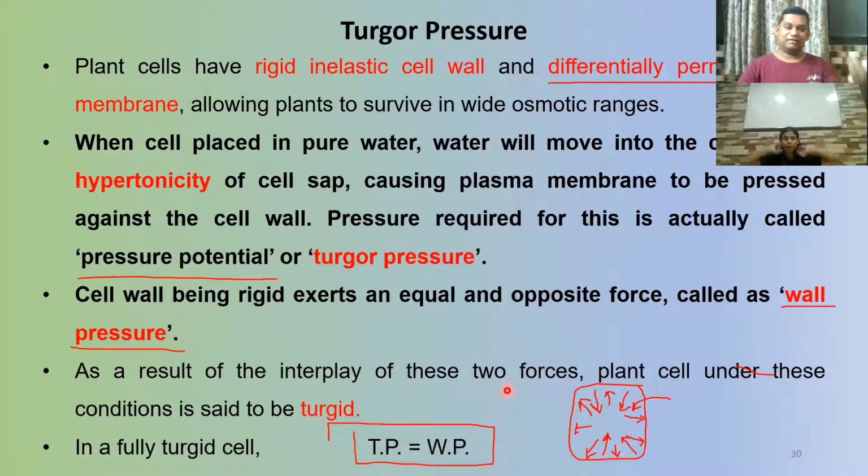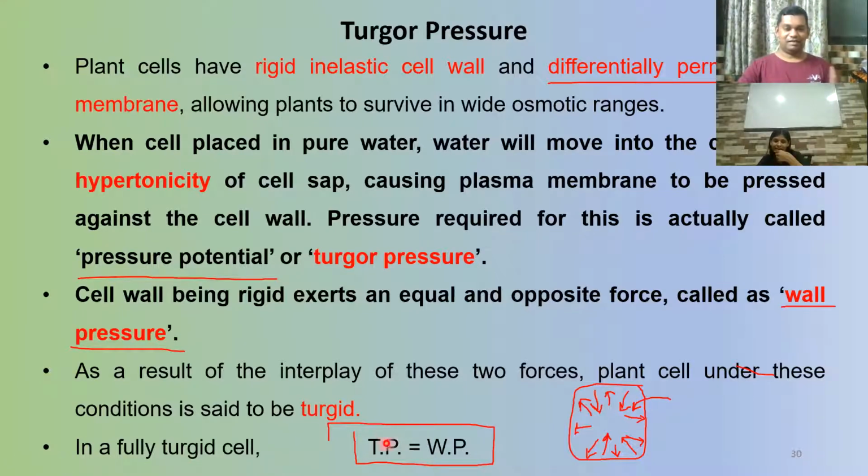Now consider the reverse situation. If the wall pressure is more than the turgor pressure, what will happen? So we have seen two conditions. If TP is equal to WP, the cell is fully turgid.